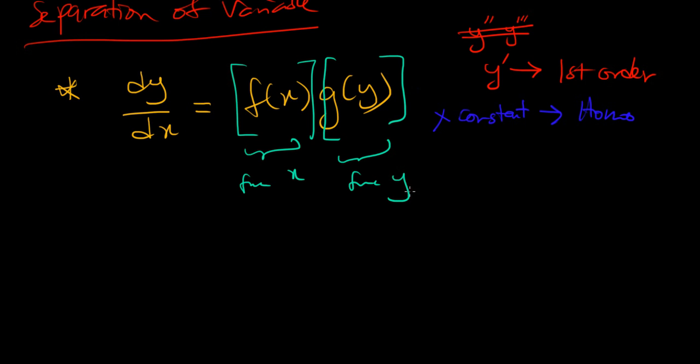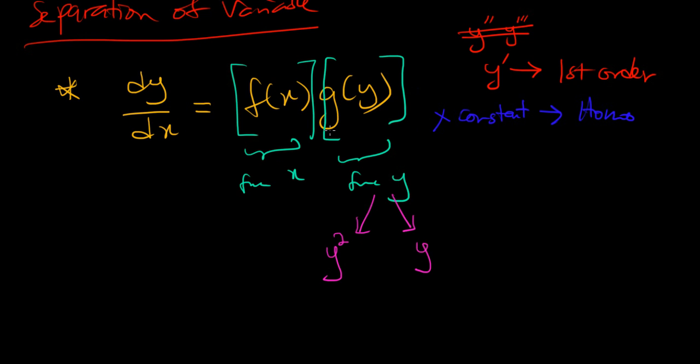The last one, please note, is this function of y, the linearity. This function of y can be linear or non-linear. If you have y squared, this whole equation will be non-linear.